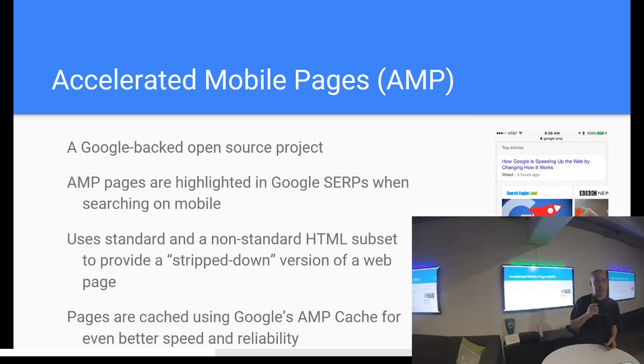When you are searching on your mobile phone, Google is now highlighting those AMP pages first in your search results. So you'll see them before you see pages that are not optimized for mobile devices.